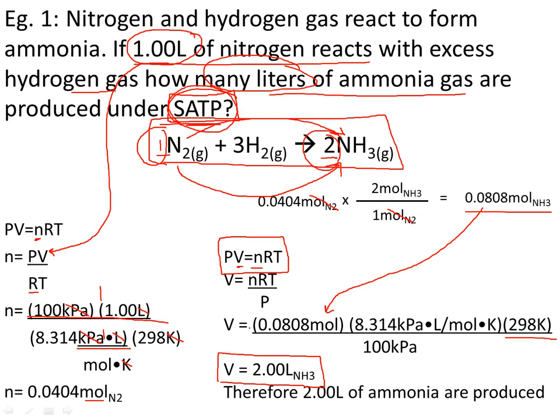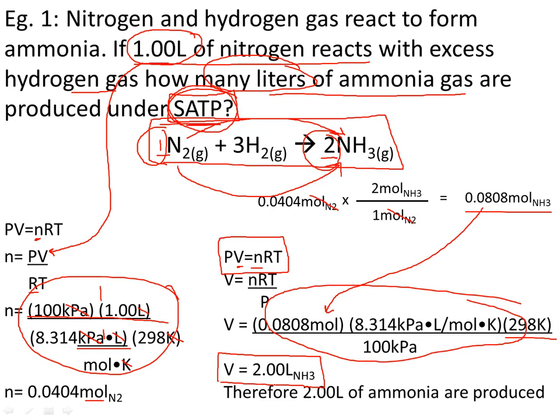We applied the mole ratio, and then we multiplied by 8.314, we multiplied by 298, and we divided by 100 kPa. So we essentially could eliminate mathematically this whole step here and this whole step here, and we would get the same answer. We just really need to factor in the mole ratio.